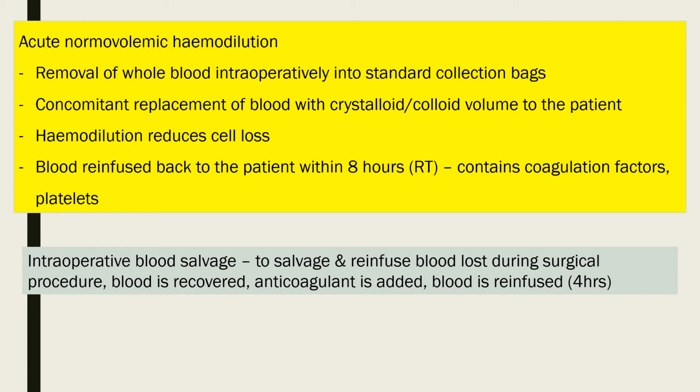And this hemodilution reduces cell loss. The blood in the collection bag must be reinfused back to the patient within 8 hours. This blood contains coagulation factors and also functional platelets.